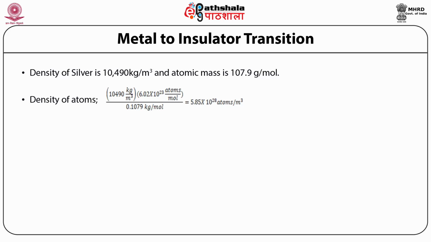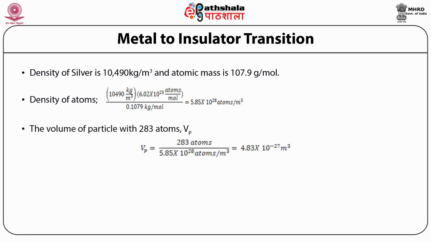10,490 multiplied by the Avogadro's number, that is 6.02 multiplied by 10 to the power 23 atoms per mole, divided by the atomic mass, that is 0.1079 kg per mole. So this is equivalent to 5.85 multiplied by 10 to the power 28 atoms per meter cube.